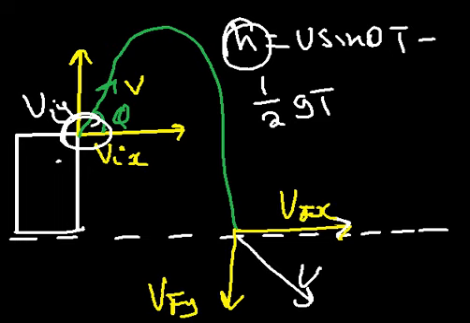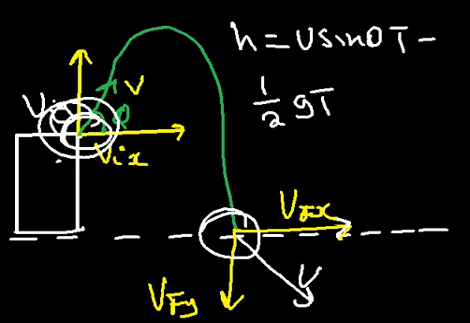Since the object moves from the top down to this point, the displacement, which is the height of the building, is negative. So as you substitute the height of the building here, you substitute it as a negative number, so that you get t total as a positive number, from the fact that the displacement is negative there. So take note of that.